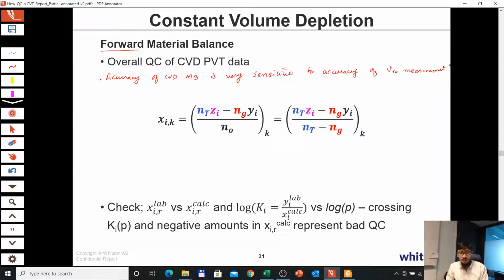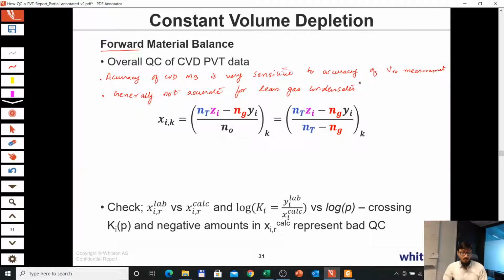So that's why this forward material balance is generally not accurate for lean gas condensates. Okay, so for lean gas condensates, generally this QC is not accurate, and that's mainly because of the uncertainties in the VRO measurement.